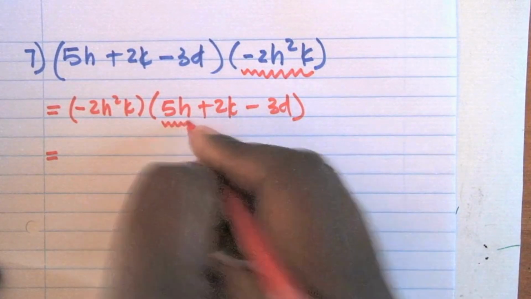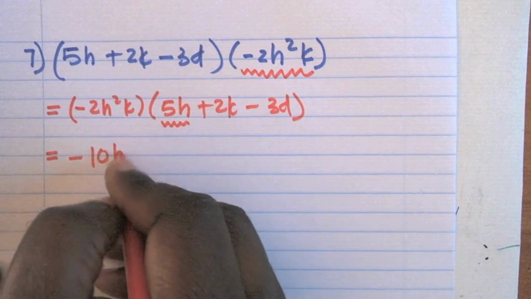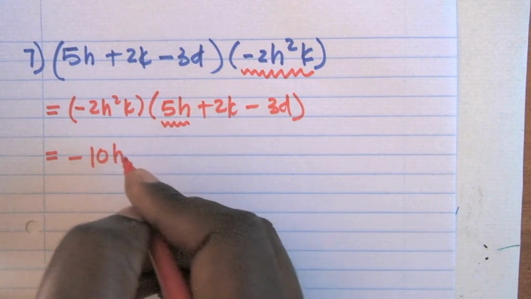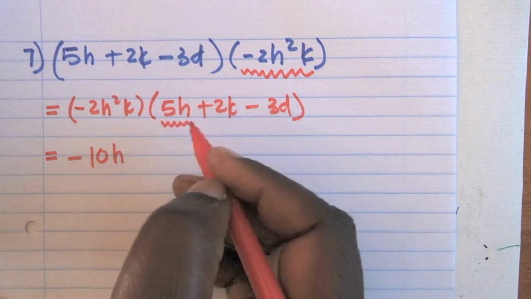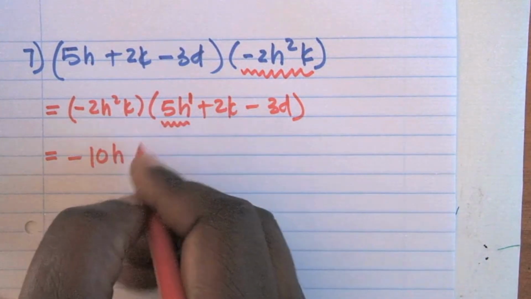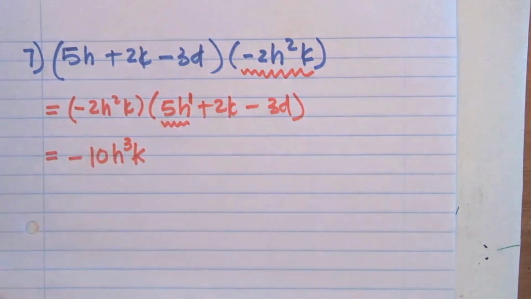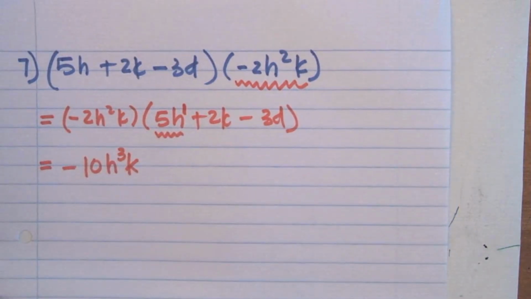When I do it for the first term, I'm going to get negative 10h squared. Let's be very careful here. There's an invisible one here. So this is going to be h to the power of 3 instead. And please do not forget the k there.